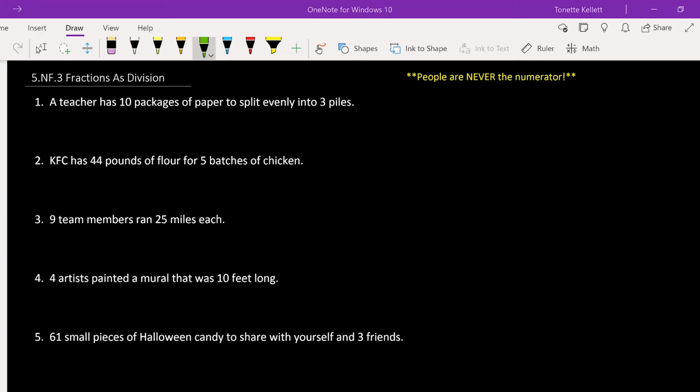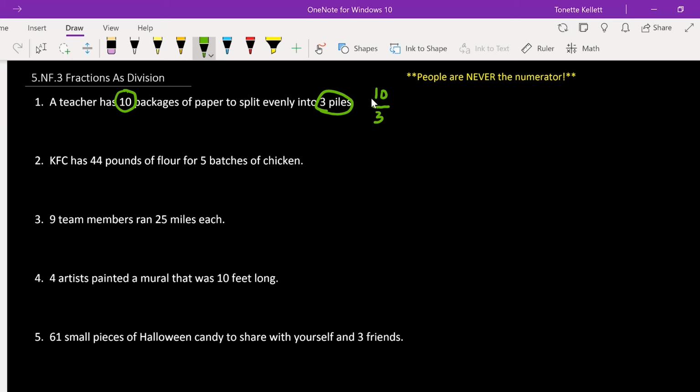Let's take a look at number one. A teacher has 10 packages of paper to split evenly into 3 piles. So we'll write our fraction here. 10 packages of paper are what are being split. That goes as the numerator. Into how many piles? We've got 3 piles. That is your denominator. That is the fraction as division.